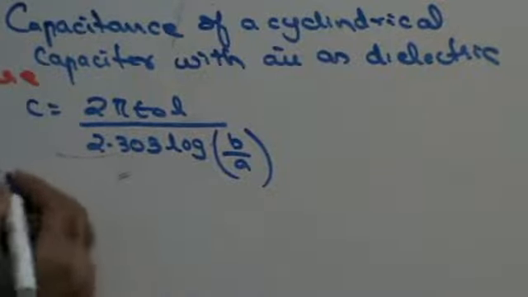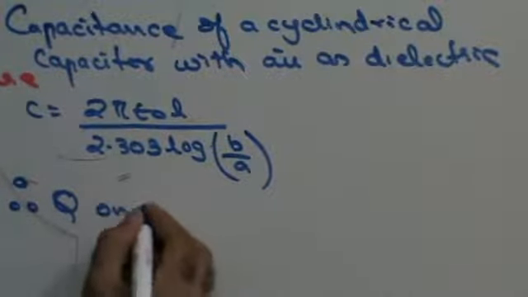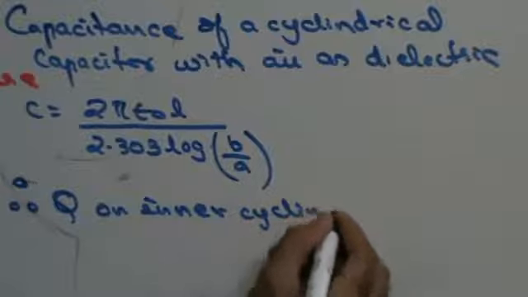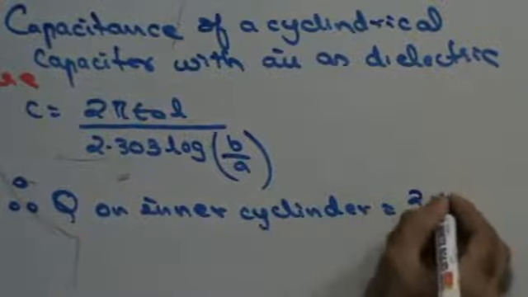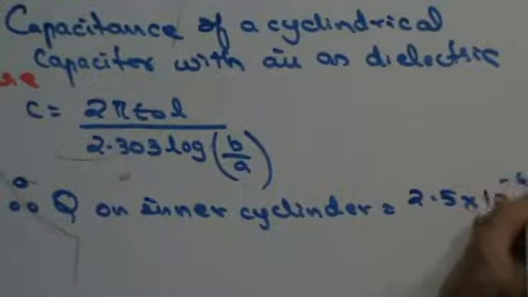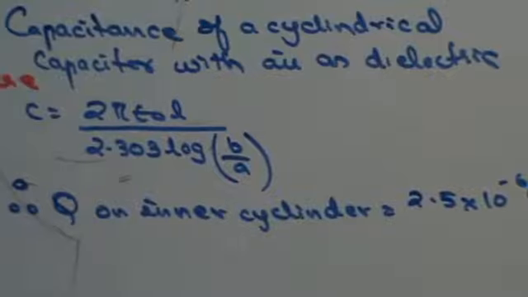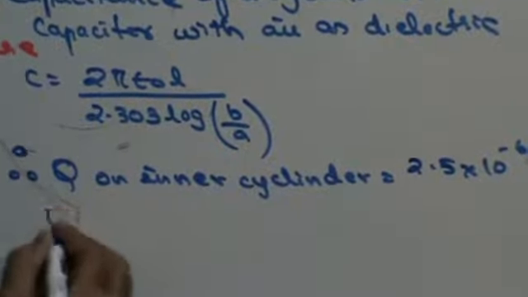Due to capacitance, I can therefore say that the charge on the inner cylinder will be the same, 2.5 into 10 raised to minus 6 coulombs, right? Once you have the charge, then you can say Q is equal to VC.